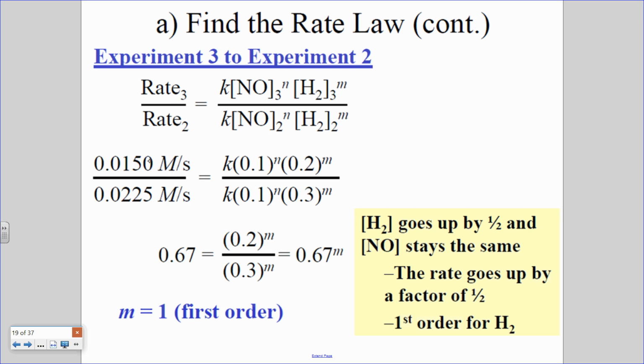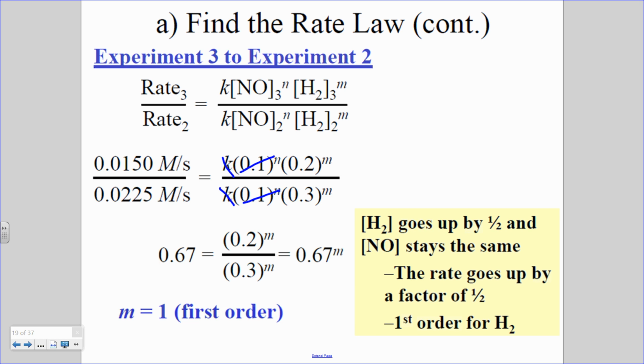If you write in the rate for experiment number 3 and the concentrations for experiment 3, the rate for experiment 2, the concentrations from experiment number 2, and you divide these two, you get 0.67. We kept the first reactant's concentration the same, so that cancels, as well as K. K cancels.